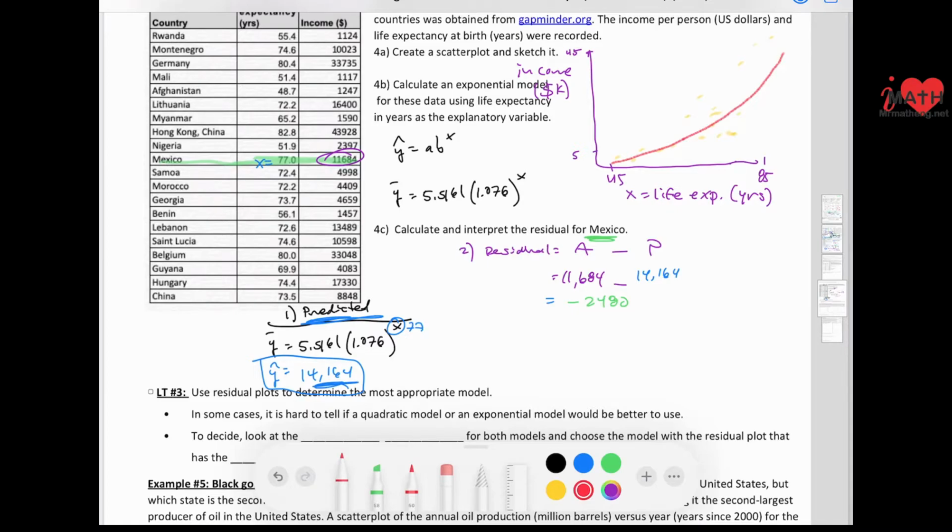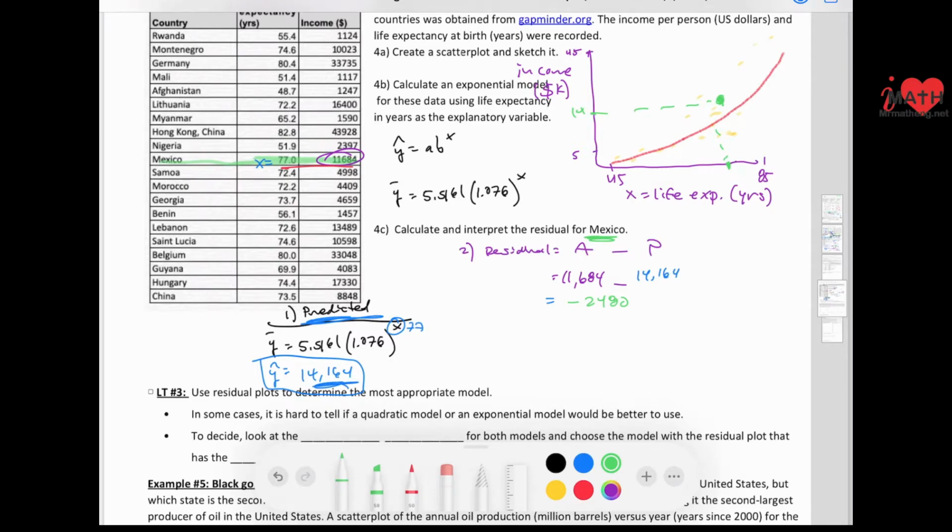Based off our model, we have 77. Let's use a different color. Maybe this is like 77, and we expect it to be our predicted is 14,000. We predicted it to be somewhere right here.